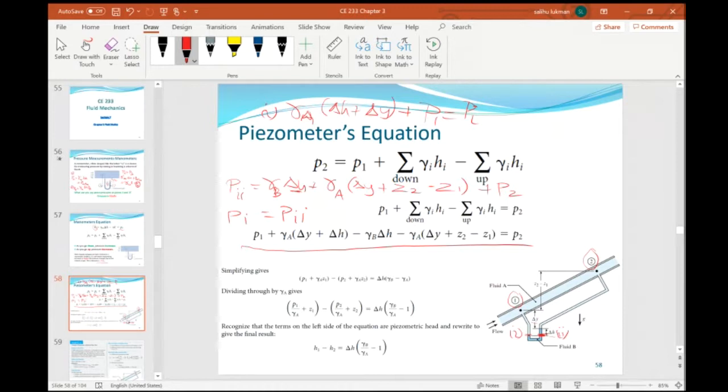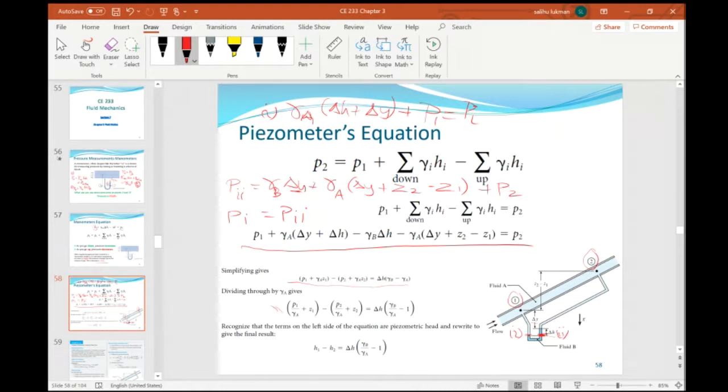Now, this expression for P2 can be rearranged, collecting like terms: P1 together with gamma A and Z1, and then P2 together with gamma A and Z2. Then we can divide throughout by gamma A, which is common to most of the terms. So when we divide throughout by gamma, we obtain this expression.